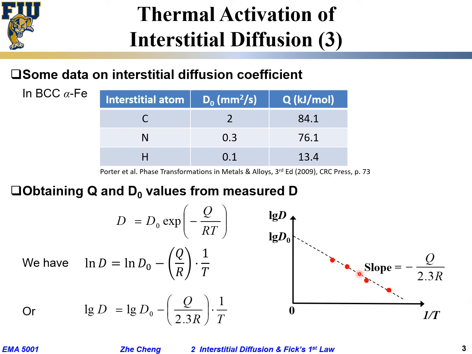The slope would tell us Q, while the intercept at the vertical axis would give us the so-called frequency factor. That's how we can get those two parameters. And then you may ask, Dr. Chen, how do we get the diffusion coefficient at a different temperature? That's something we're going to talk about a little bit later. Okay?